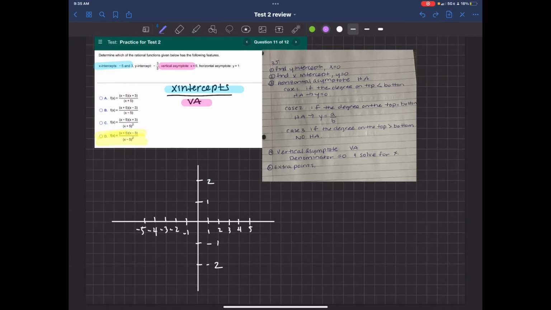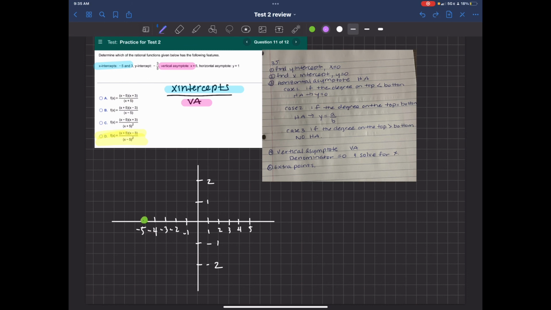The second way to solve number 11 is to graph it. So when we look at what's given to us for the rational function, we can take an x and y plane and plot points based on the information given. So if I have an x-intercept at -5, that means at -5, my graph is going to touch or go through the x-axis.